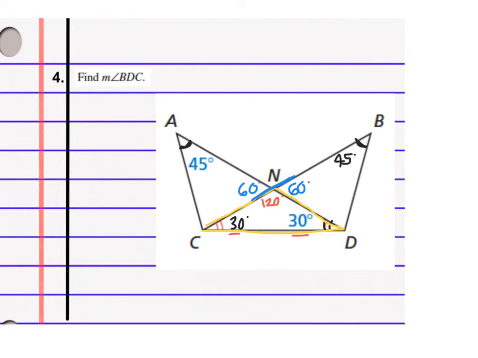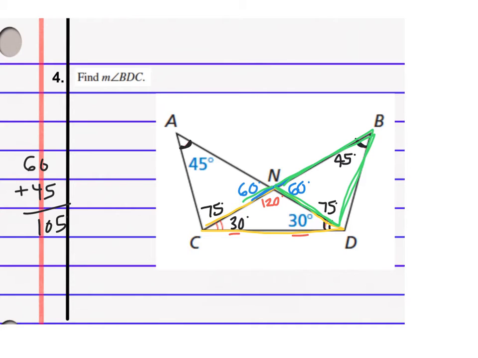And then I could look at this green triangle. If I have 60 and 45, I could find that third angle. So I could add 60 plus 45, which is 105. So these angles are 75 and 75. Now, what angle were we supposed to find?